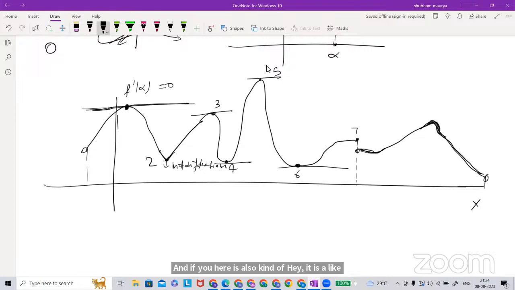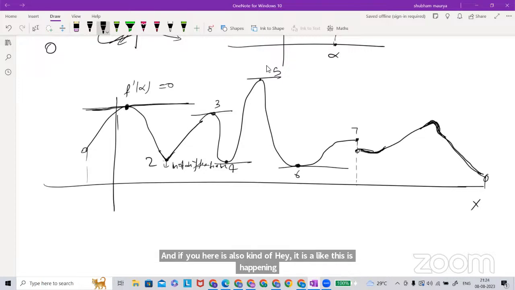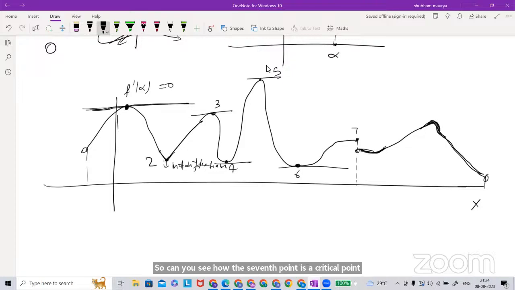Can you explain how the 7th point is a critical point? Here the function is not differentiable. It is not continuous. Then how could it be differentiable there? It is discontinuous, there is a break here. Sir, if it is not differentiable, then how can it be a critical point? There is no slope over there.